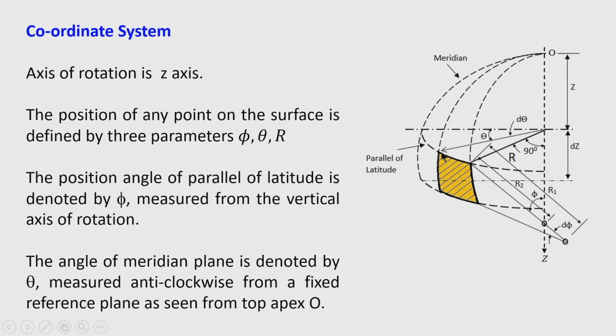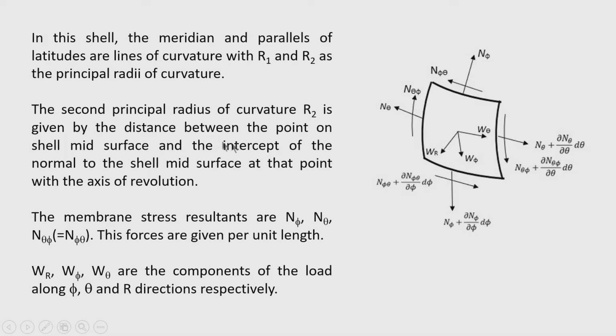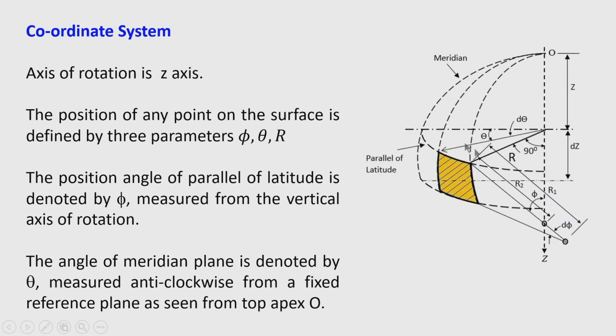The parallel of latitude is one line of curvature and the meridian is another. These lines of curvature have the principal radii r 1 and r 2. The second principal radius r 2 is the distance between the point under consideration and the point of intersection with the vertical axis of rotation.